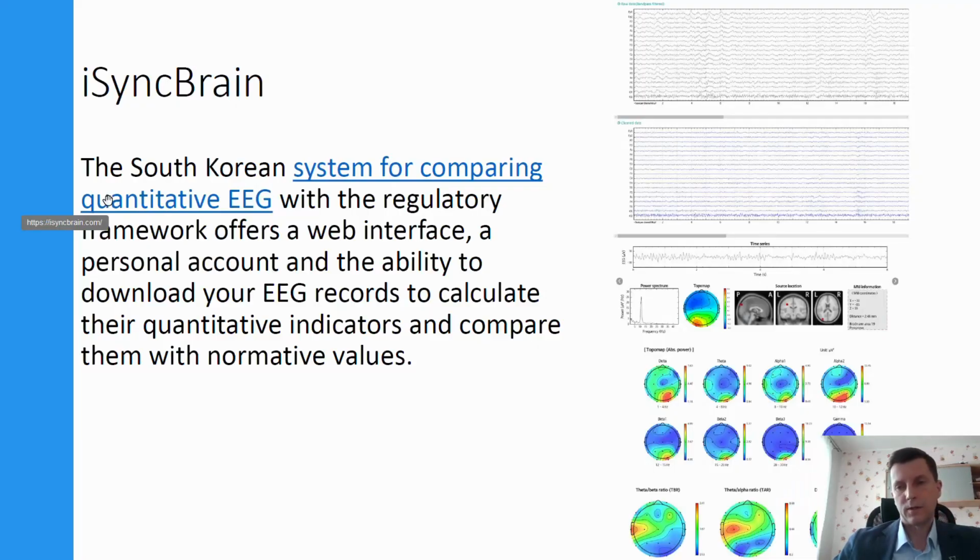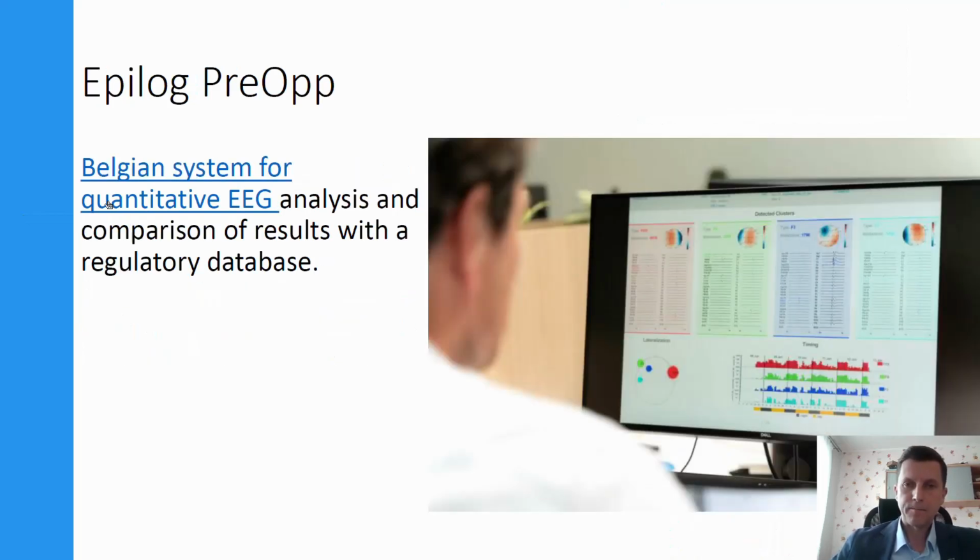What kind of software can you use? For example, iSyncBrain. It is a web-based qEEG software which allows you to upload an EEG recording to your page on the website, and it can calculate a very large number of different qEEG parameters, build topographical maps, build 3D localization of source activity, and build different statistical and normative database comparison analyses.